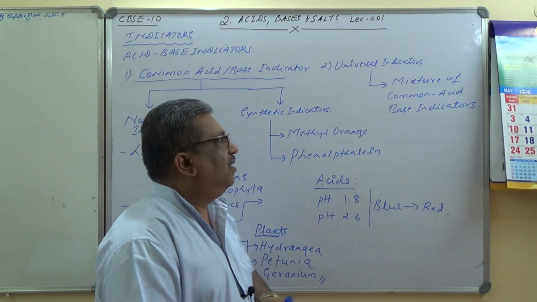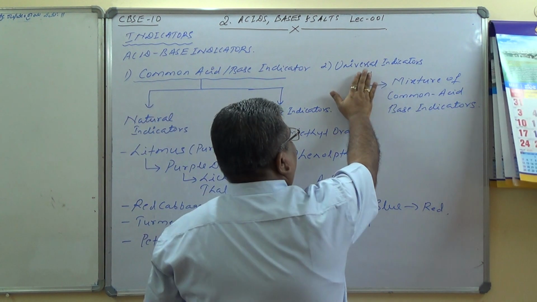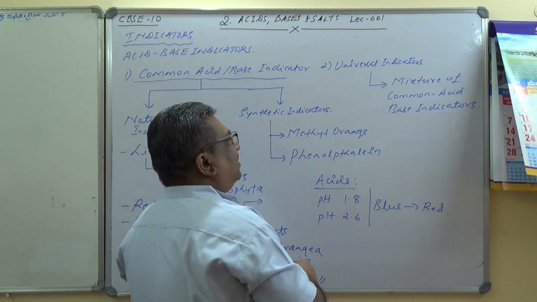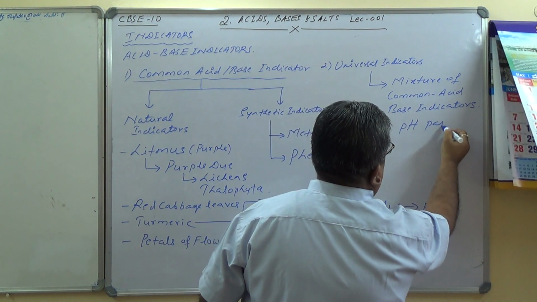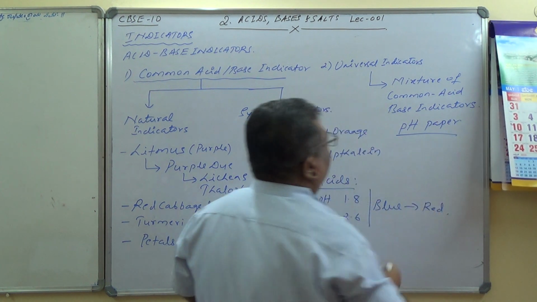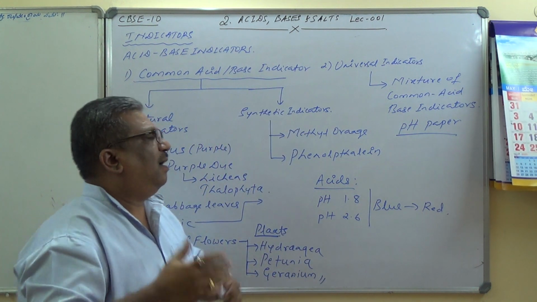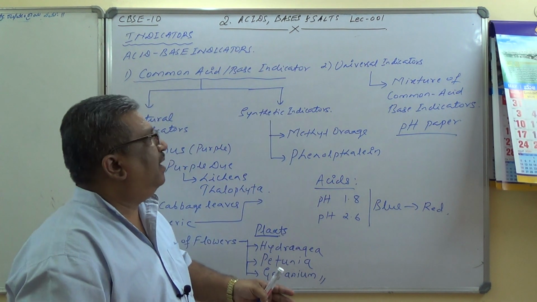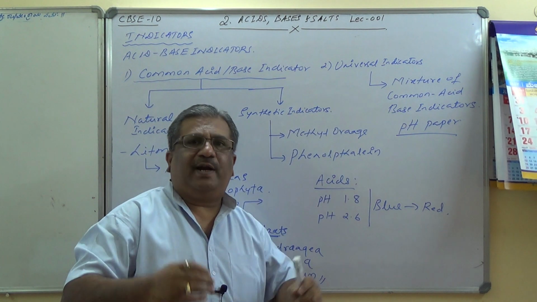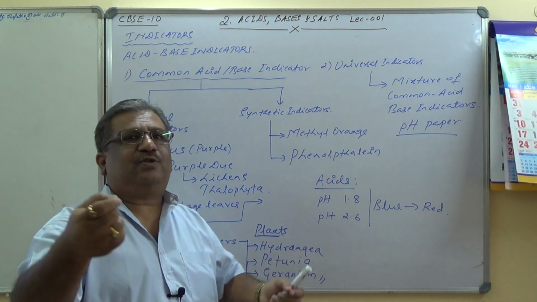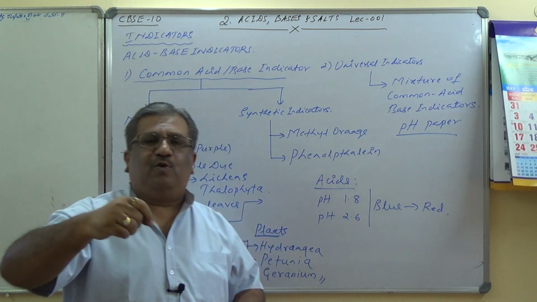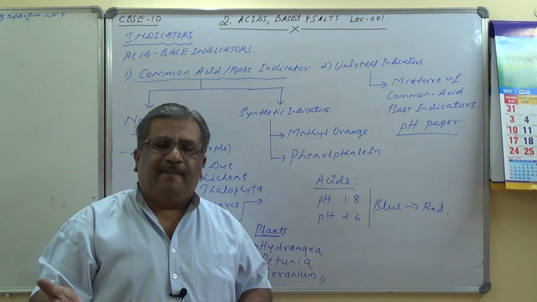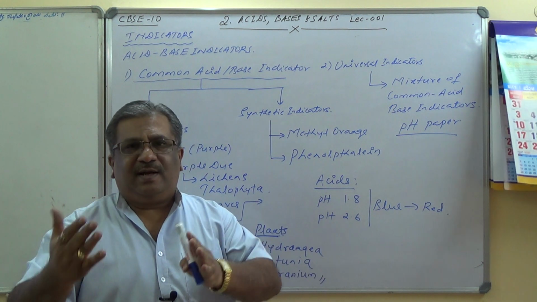Okay. Now, see, the universal indicators, the best example is a pH paper. What is this pH paper? This pH paper means a paper which will be impregnated in universal indicator solution and dried up. And that pH paper, if you put into a test tube or a solution containing acid or base, it will change to a particular color.